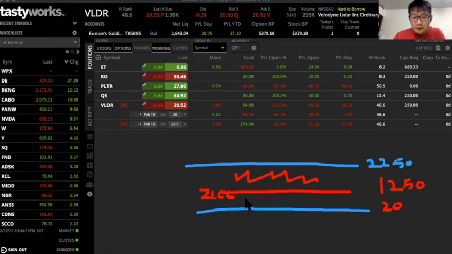The stock right now is at this level, from 21.66 down to 20.54, so there is another $1.10 of a difference. That could be the loss for this trade.